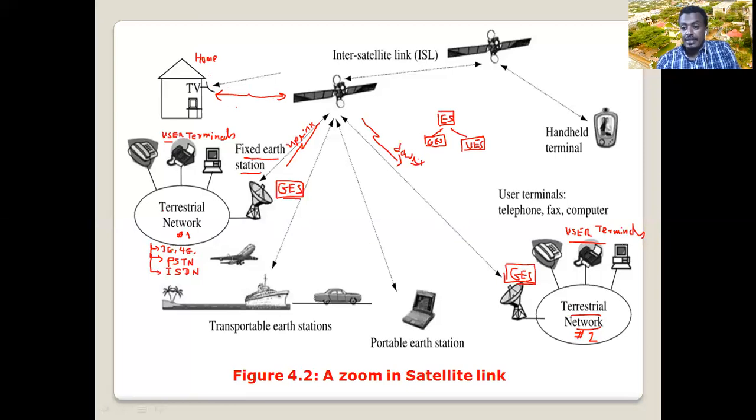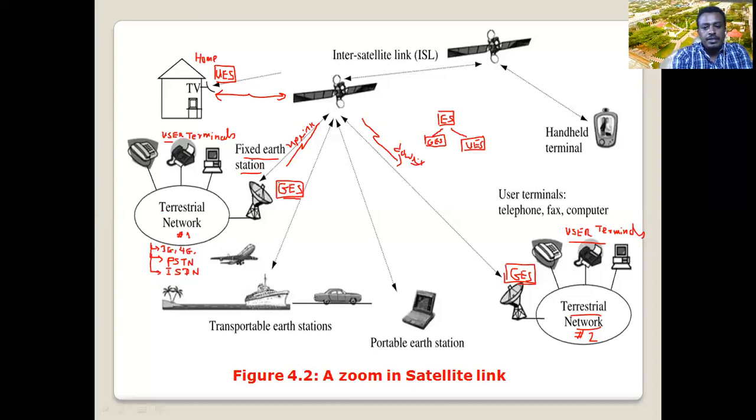When you access satellite TVs, you do not go through any terrestrial network. It's independent of any terrestrial network. You can directly connect to the satellite. Same type of earth stations are called UES, user earth stations.